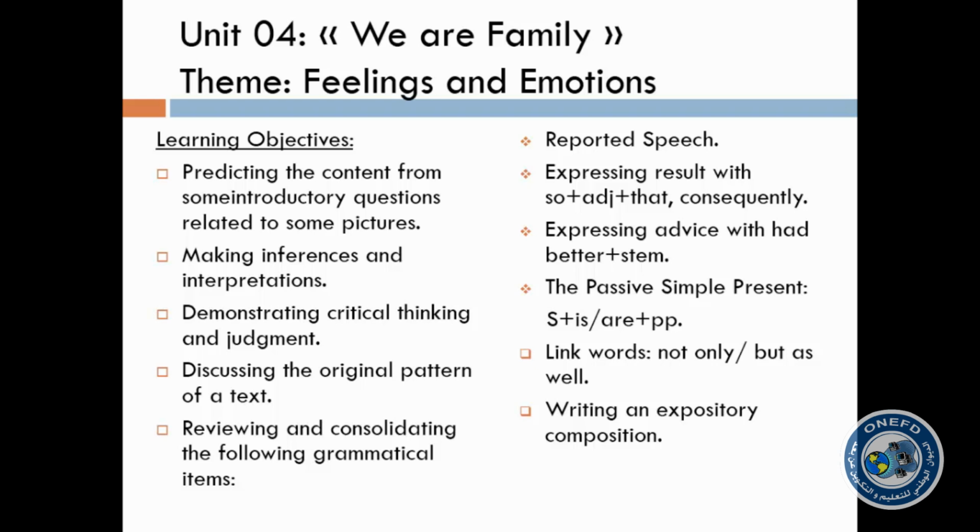So the learning objectives you are required to achieve by the end of this lesson are predicting the content from some introductory questions related to some pictures, making inferences and interpretations, demonstrating critical thinking and judgment, discussing the original pattern of a text, reviewing and consolidating the following grammatical items: reported speech, expressing results with so plus adjective plus that, and consequently, expressing advice with had better plus stem, the passive simple present, subject plus is, are plus past participle, link words not only but as well, and finally you are required to write an expository composition.